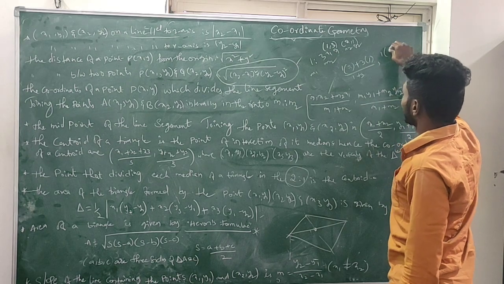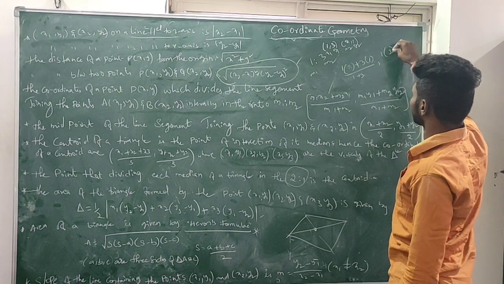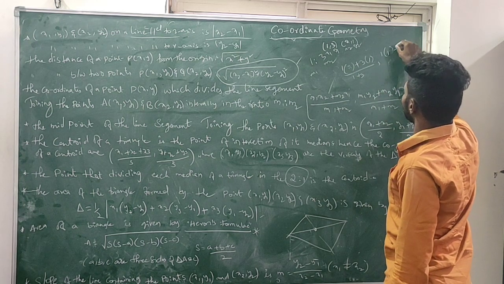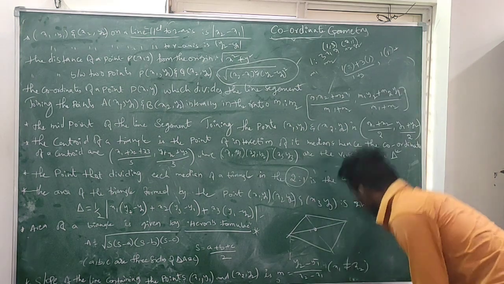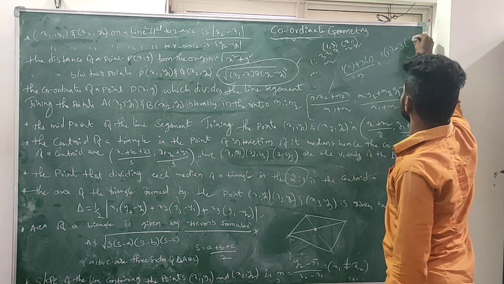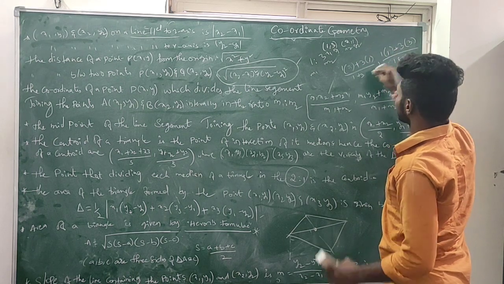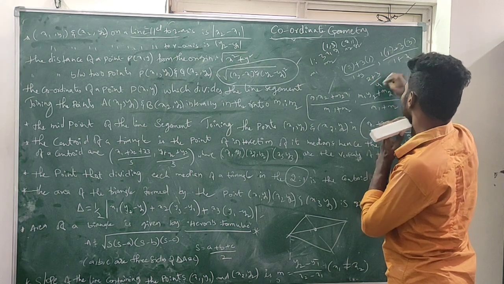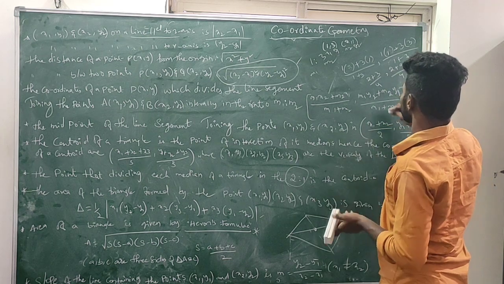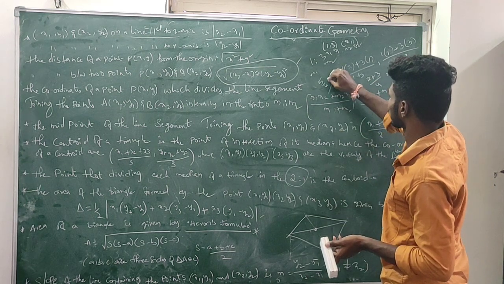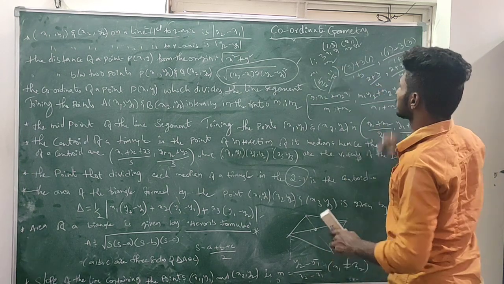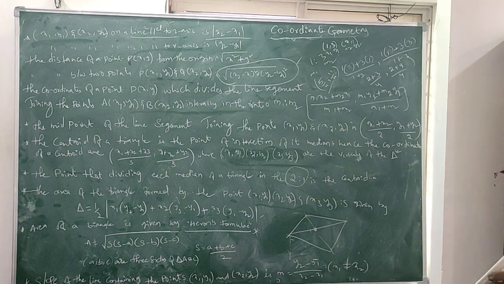And here it is 1 into y2, what is y2? 1, plus M2 is 3 into what is y1? 3, by 1 plus 3. So this becomes (2 plus 3) by 4 comma (1 plus 9) by 4. You can add it up, it becomes 5 by 4 comma 11 by 4.